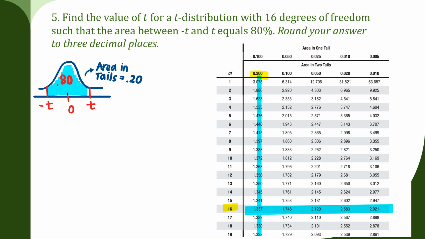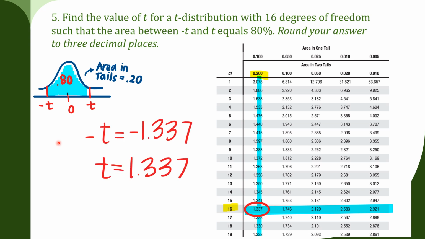That one was easy since it's just right next to the 16. We can see that that critical t value is 1.337. And again, we have two critical t values this time since we are looking at the area in the tails. So that's going to be negative 1.337 and then positive 1.337.